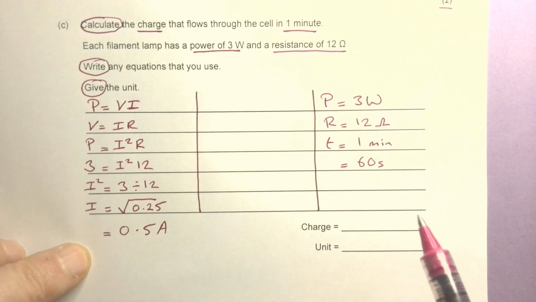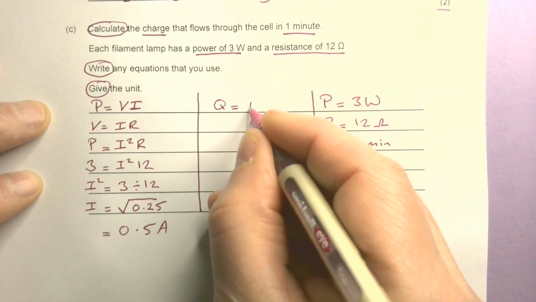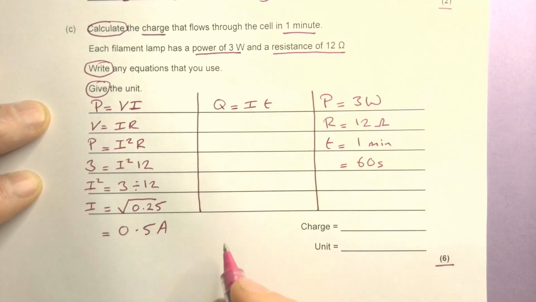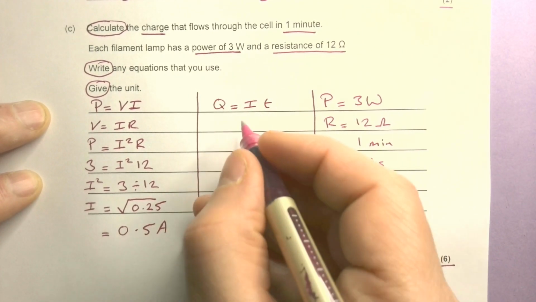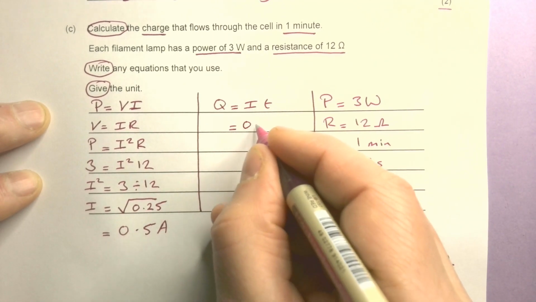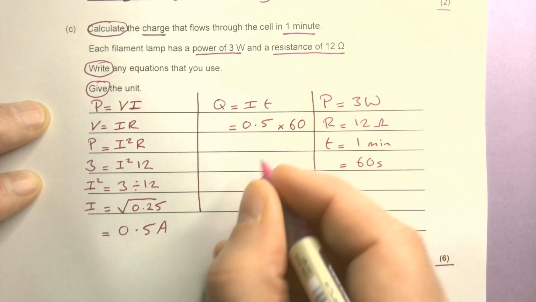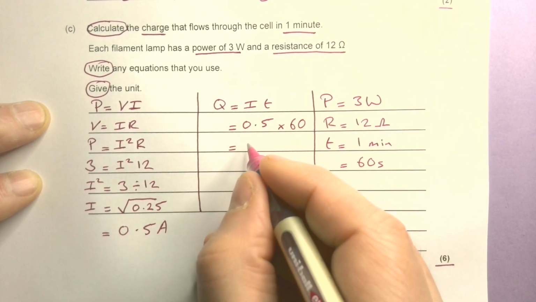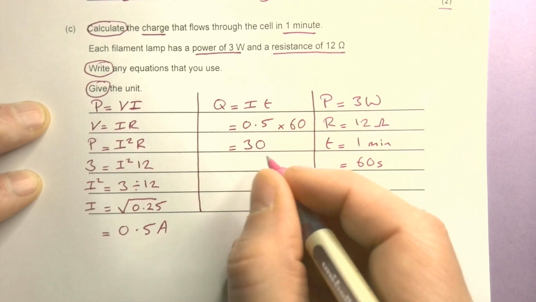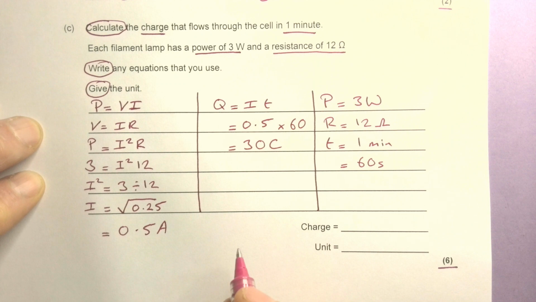I know that Q equals I T as well. The charge is the current times time, and the current now is 0.5, and the time is 60. This gives me a total charge of 30 coulombs. Okay, remember my units as well.